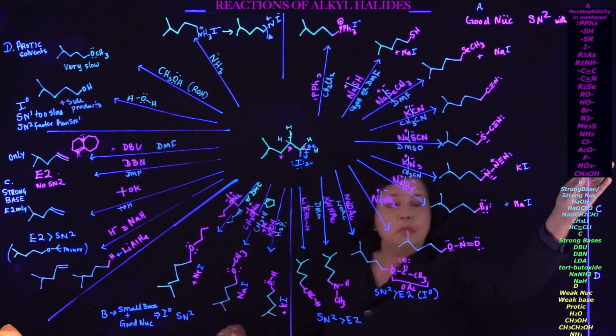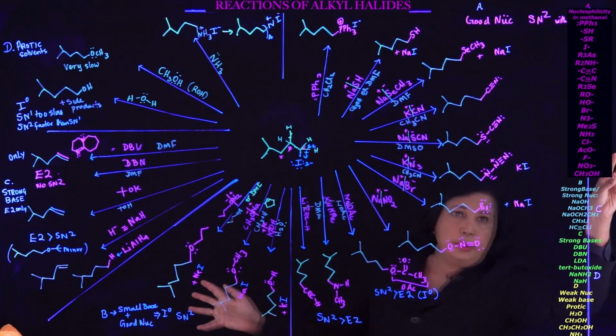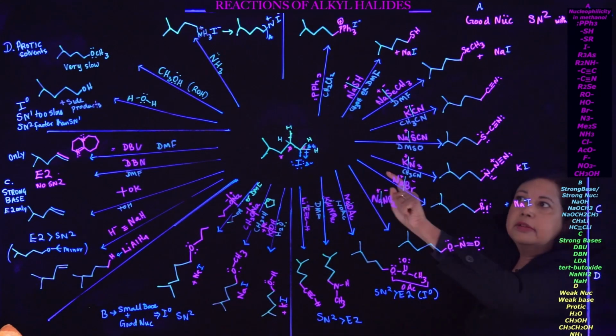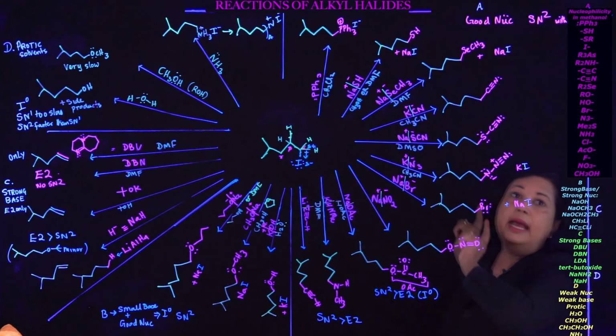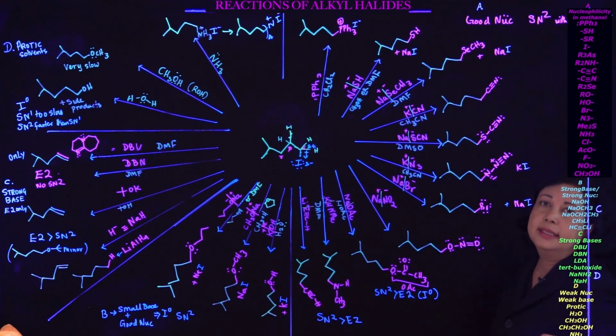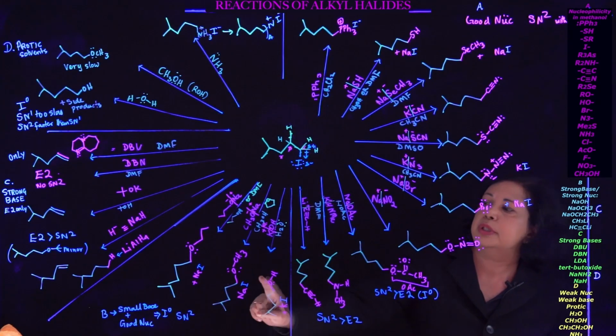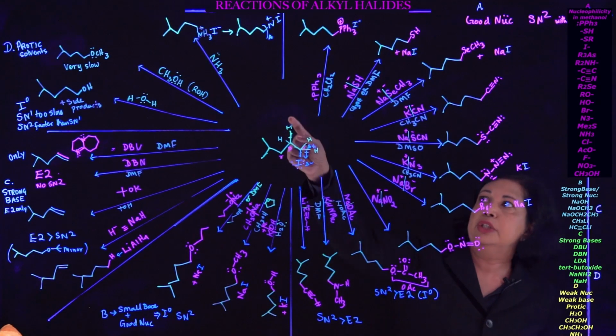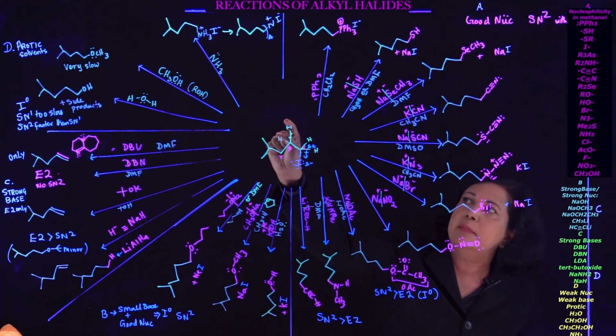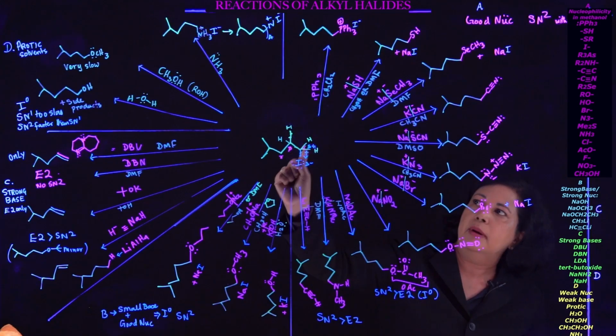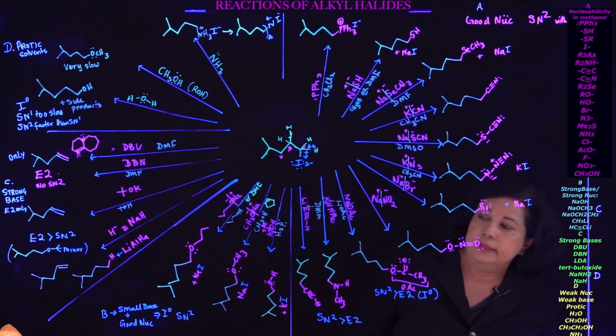If you have a small base, and that's also a good nucleophile, because of the lack of steric hindrance here, SN2 will predominate. Therefore, you would have a backside attack and give more substitution than elimination. There may be a minor amount of elimination by pulling off the beta hydrogen, making a pi bond, and kicking out that leaving group.